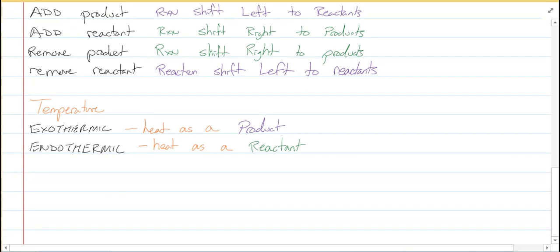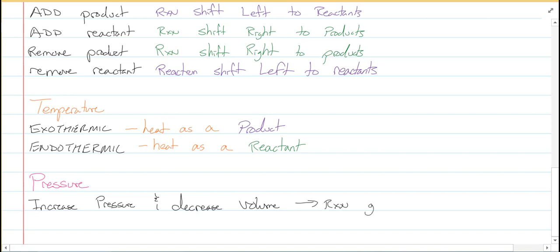The last way we're going to talk about disturbing a system is through pressure. So there's two ways, pressure and it's technically volume. So if we increase pressure and/or decrease volume, the reaction goes to fewer particles.